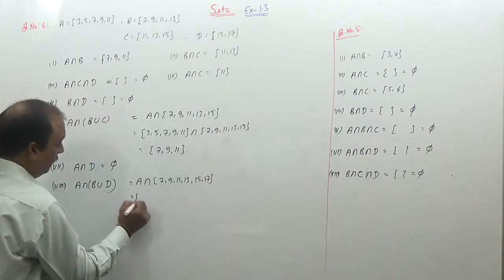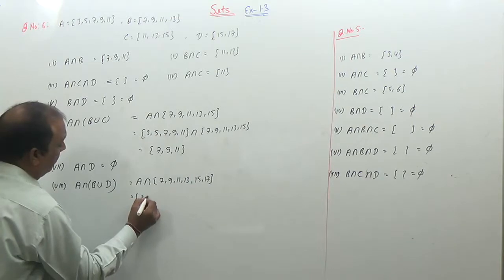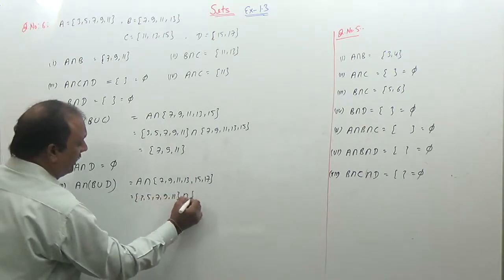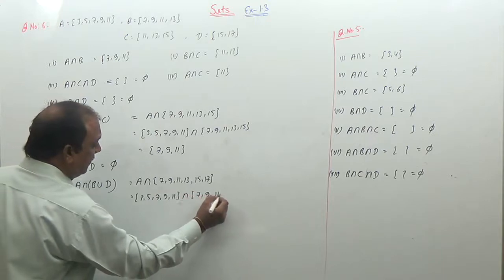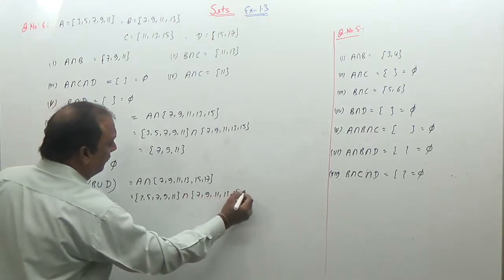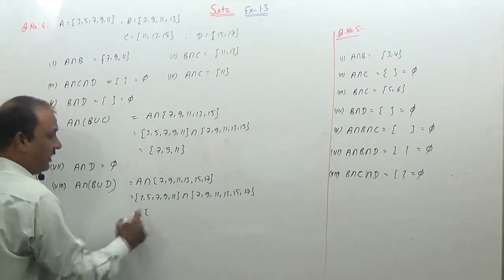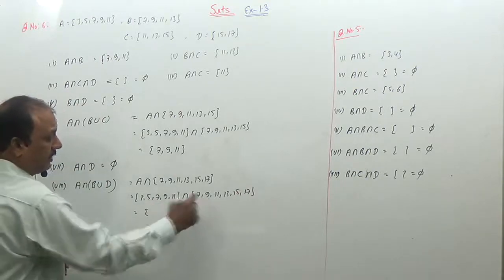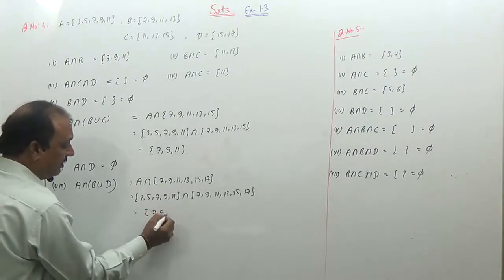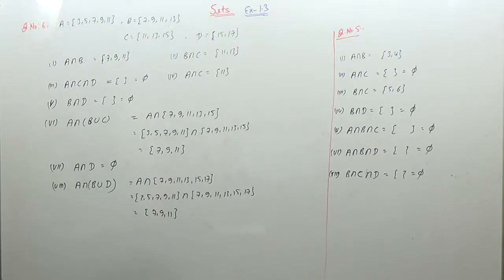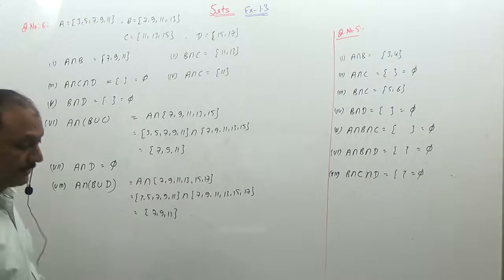Now, A is the set of elements 3, 5, 7, 9 and 11 and intersection 7, 9, 11, 13, 15 and 17. So write down a new set which contains the common elements of both the sets, that is 7, 9 and 11. So this is A intersection B union D.